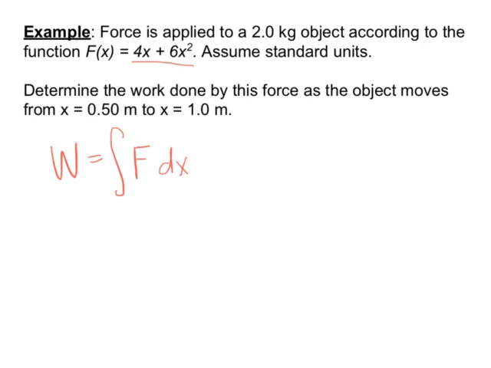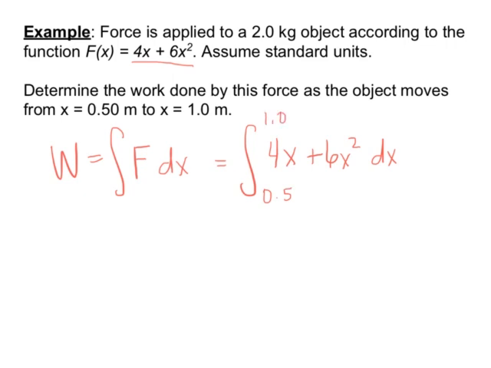So we're going to integrate this, but it's going to be an integral where we know the bounds. So writing our force function in here, 4x plus 6x squared, and we are integrating with respect to x. Again, that's a formality, that dx. And then our bounds are from 0.5 meters to 1 meter.